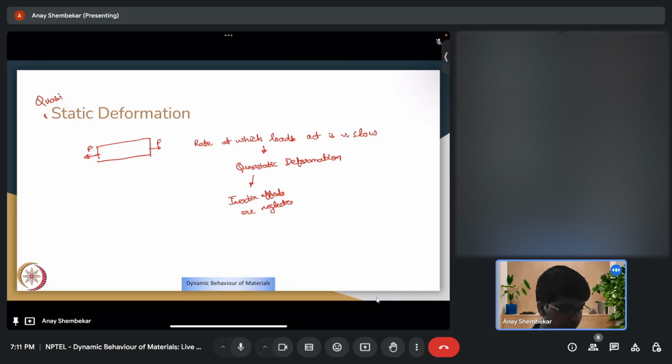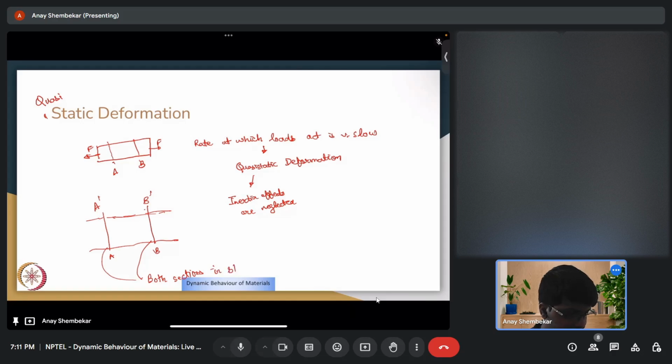Further, if I take any two sections, say section A and section B, and zoom into each of those sections, A dash and B dash, this is my material, then both sections are in static equilibrium.